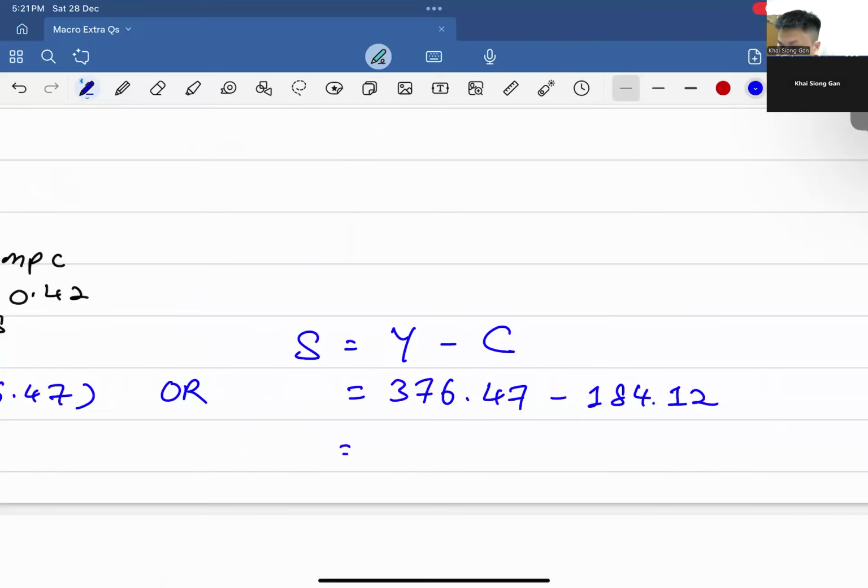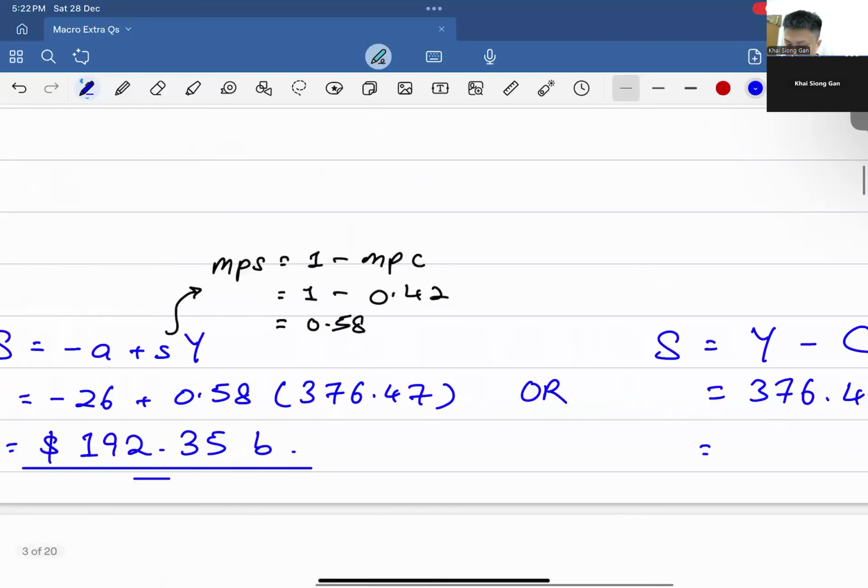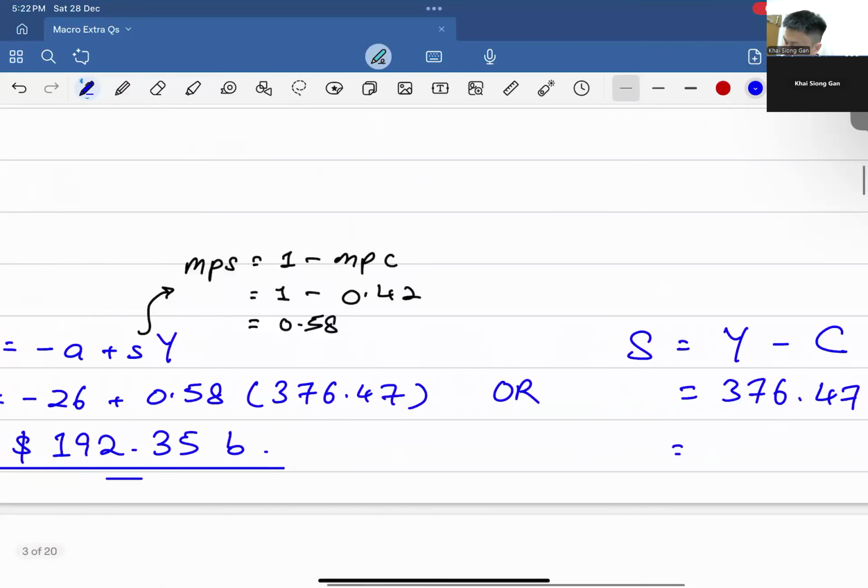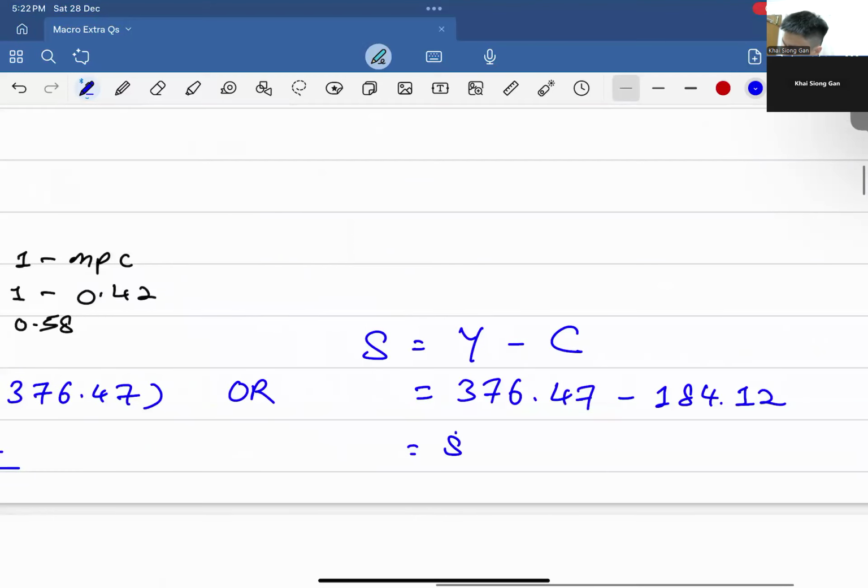You try and see, you should be able to get the same answer, which is 192.35 billion. Same.